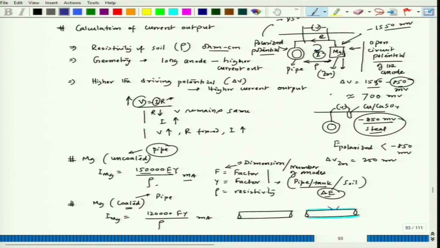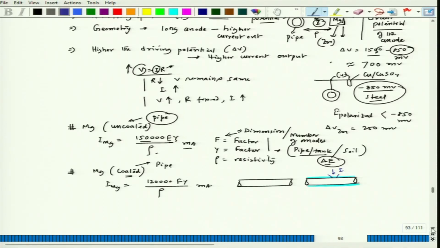Now, for protection we need to only send current here. Okay. So, that is why the current output becomes less. Now, in case of zinc as well as aluminum, we can find such equations. We can calculate this current requirement using these formulas. Let us solve an example.